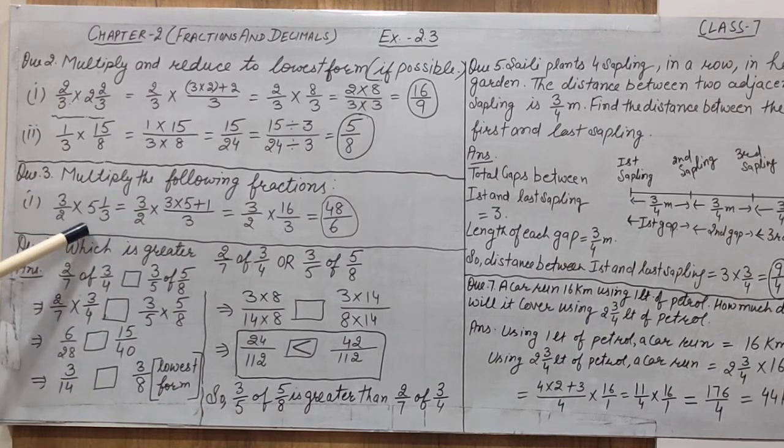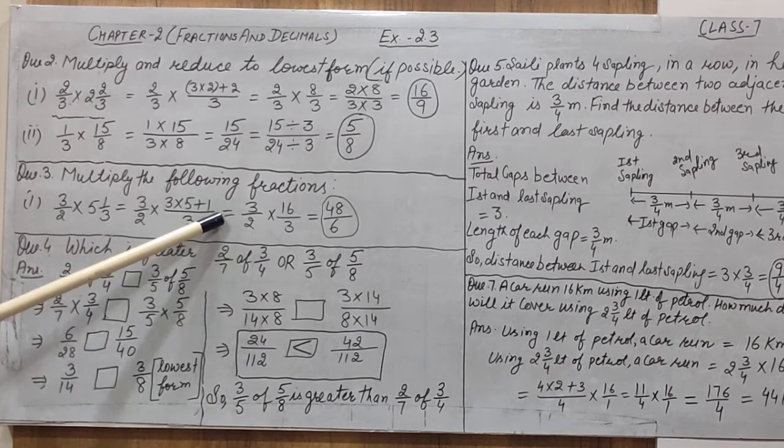3 by 2 multiplied with the mixed fraction 5 and 1 by 3. Again the same process: first of all, change the mixed fraction into an improper fraction. The method is that the denominator is multiplied with the whole part and then the numerator is added. That is 5 multiplied by 3 plus 1.